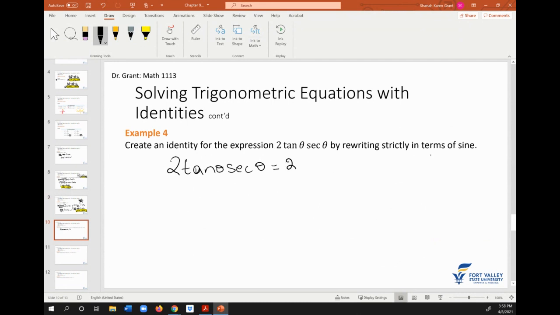Okay, so tan, we can write that as sine theta divided by cosine theta.